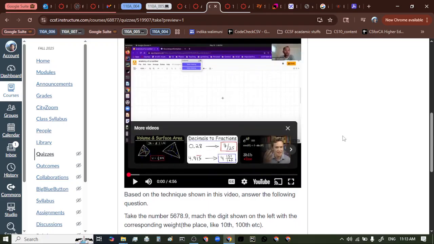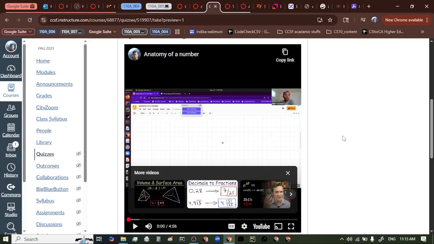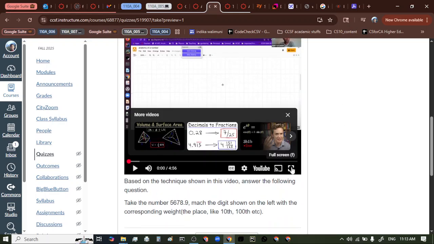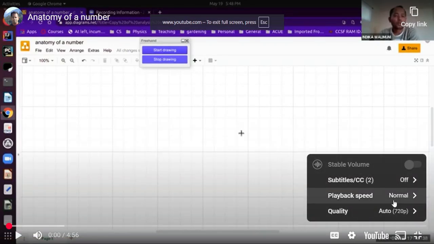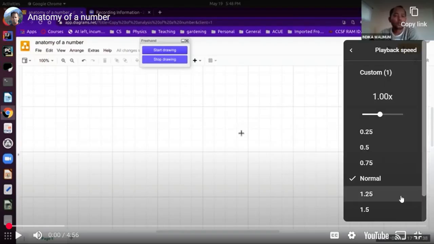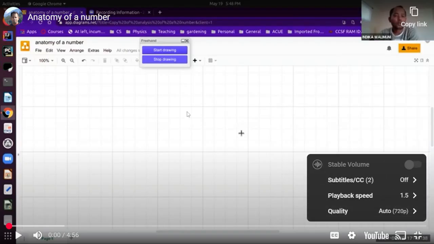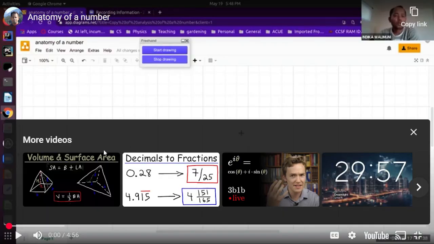This is me in the COVID era, 2021. I'm going really slow, so I'm going to speed up. 1.5, even 2 works. I slowed down on purpose at that time.